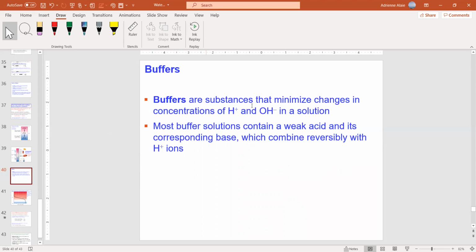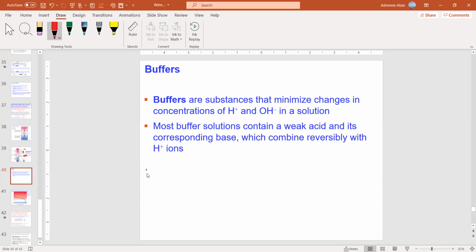So buffers are substances that minimize changes in the concentration of H plus and OH minus in a solution. Most buffers contain a weak acid and its corresponding base, so these things can combine reversibly with hydrogen ions. Let me draw this.